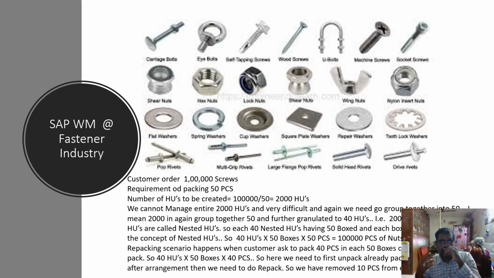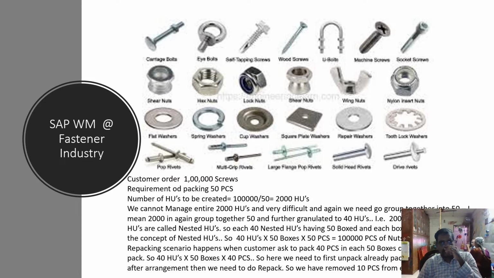Now one by one, these handling units will be put away to the bins according to the warehouse put away strategy, and sometimes these handling units are packed in some standard requirement of packing, and sometimes they are packed in customer specific requirement of packing.